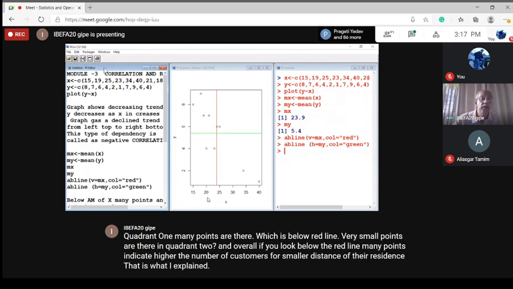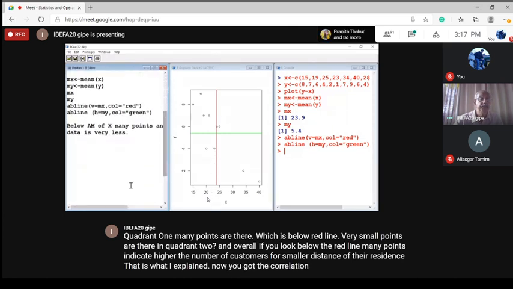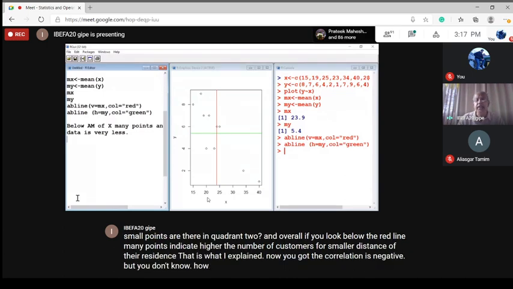Now, you got that the correlation is negative, but you don't know how close the dependency is.